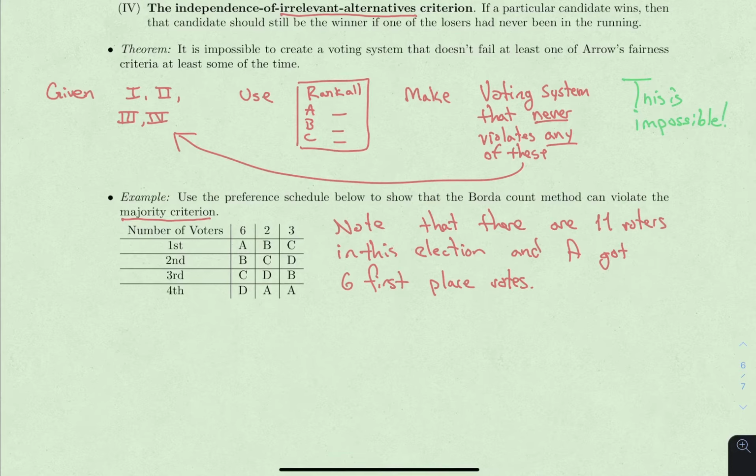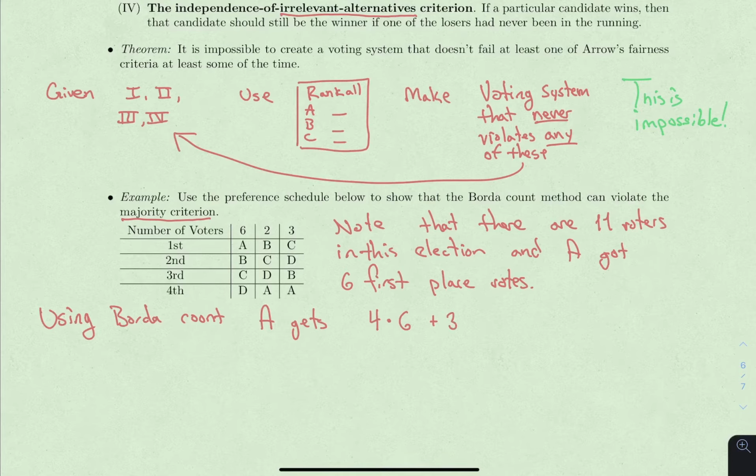Let's check the Borda count method though. Using Borda count, that's the one where people get assigned points for the rankings that they get. A gets 4 points for 6 first place votes.